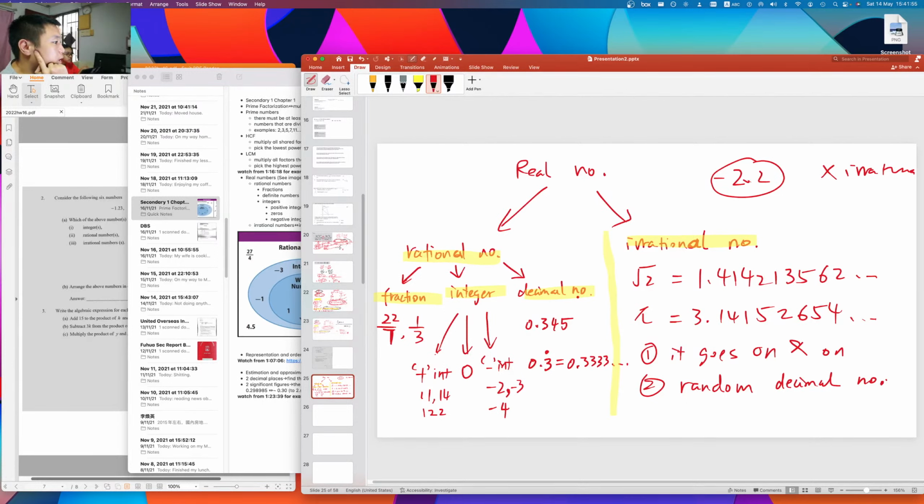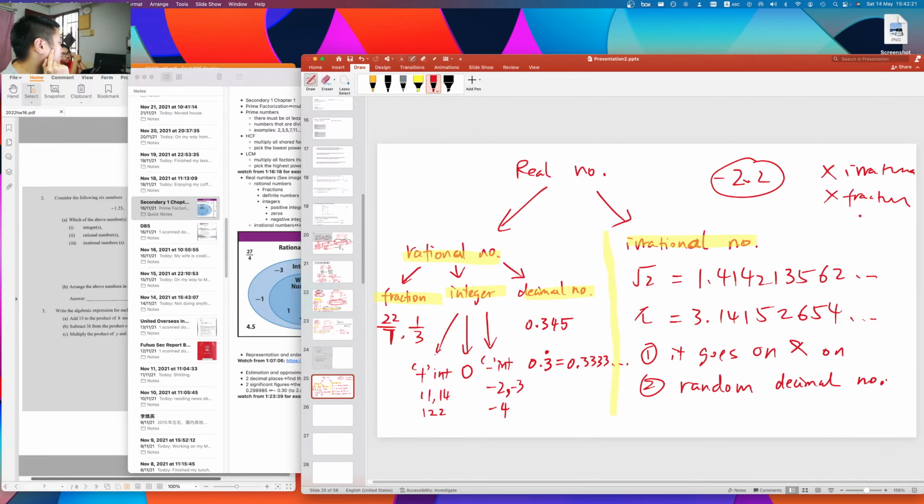Then what about decimal number? Okay, can it be a fraction or not? This one, is it a fraction? Minus 2.2, is it a fraction? It didn't give as a fraction. Yeah, so it's given as a decimal. So fraction also not likely, right?